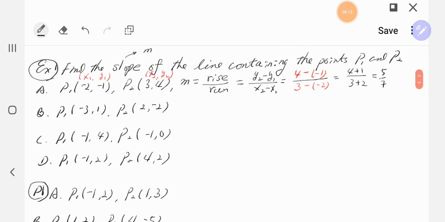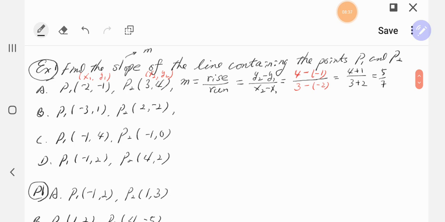This means 5 over 7, rise over run. Starting from 1 point on the graph, you go 5 units up and then 7 units to the right, because the sign is all positive. The numerator is positive, the denominator is positive. So rise means go up, run means go to the right.